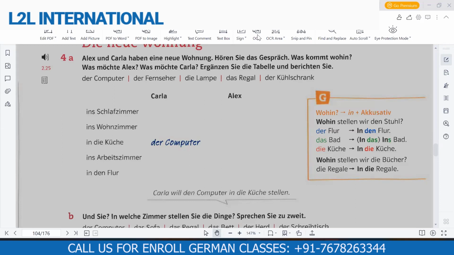Da kann ich im Bett fernsehen, das ist doch sehr gemütlich. Was? Also, wirklich nicht. Der Fernseher muss natürlich ins Wohnzimmer. Wir haben doch ein neues Sofa, da kann man super fernsehen. Aber dann stellen wir die Lampe ins Wohnzimmer, neben das Sofa. Die Lampe? Nein, die brauche ich im Schlafzimmer. Ich will am Abend noch lesen.